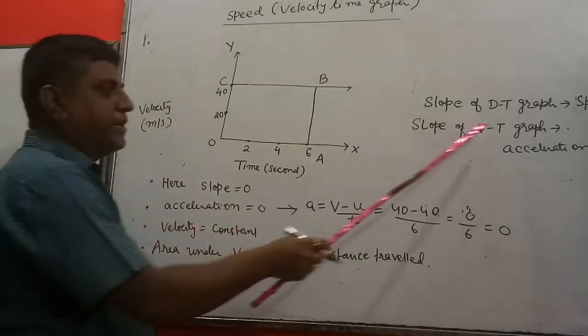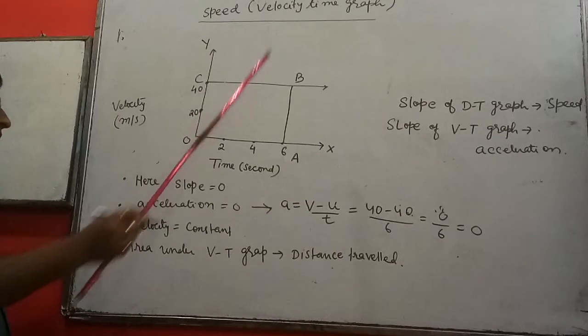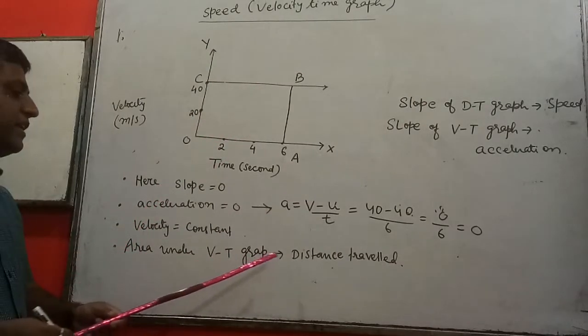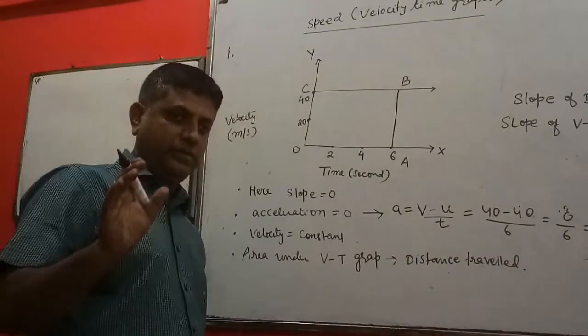And the slope of a velocity time graph indicates acceleration. One more concept in the velocity time graph is that the area under the graph indicates distance traveled.